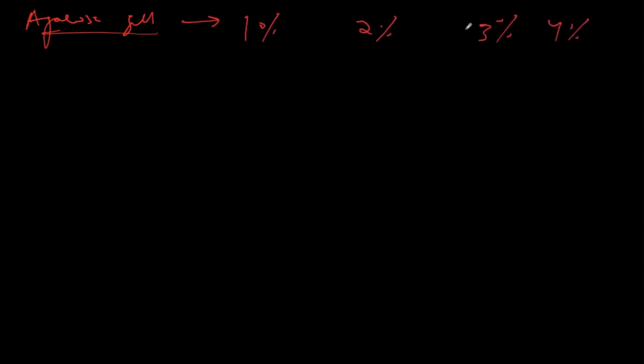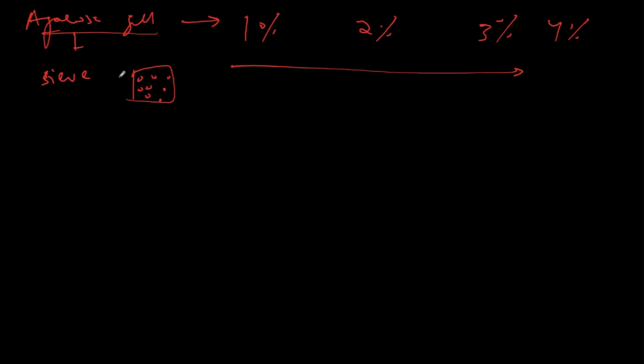For example, now I have made an agarose gel. The concentration can be different. For example, let's say I make 1%, 2%, 3%, 4%. Now, the higher the percentage I go, the smaller the pores will be. When I say it has a sieving property, I hope you know sieving, like we filter our tea, right?